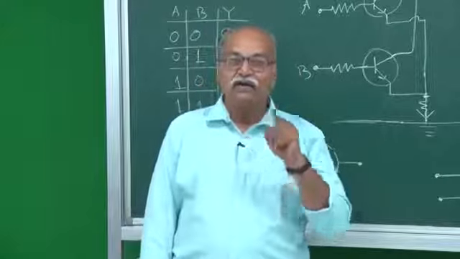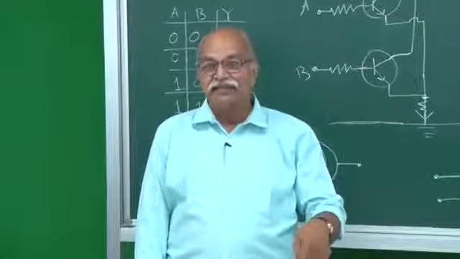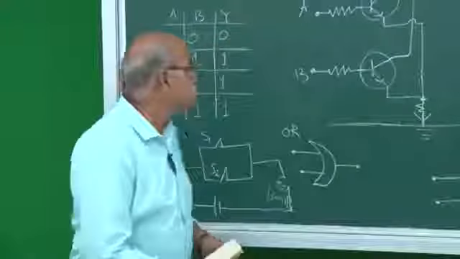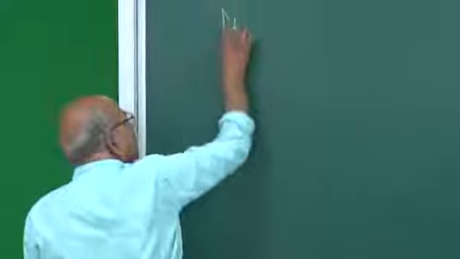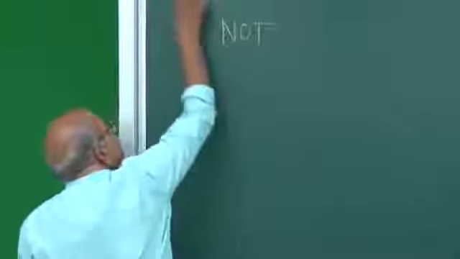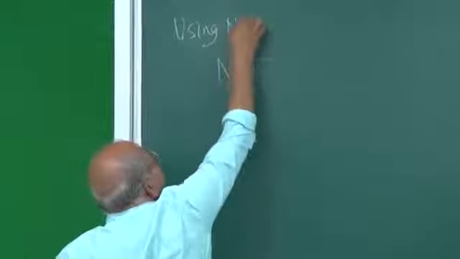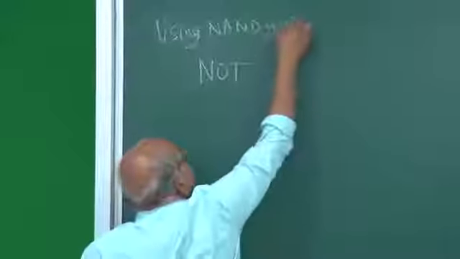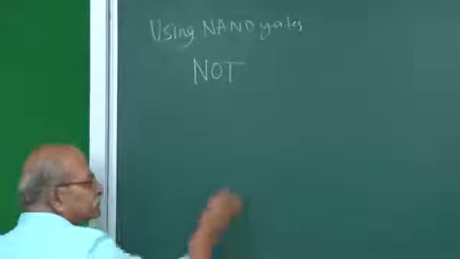So let me show how a NAND gate can be used to form the three basic gates, NOT, AND, and OR. First, let us try to make the NOT gate, everything using NAND gates. It is pretty simple.